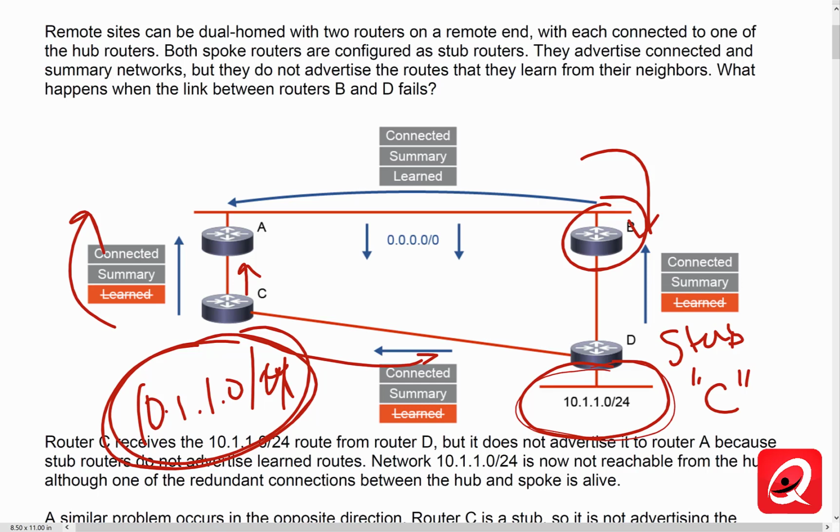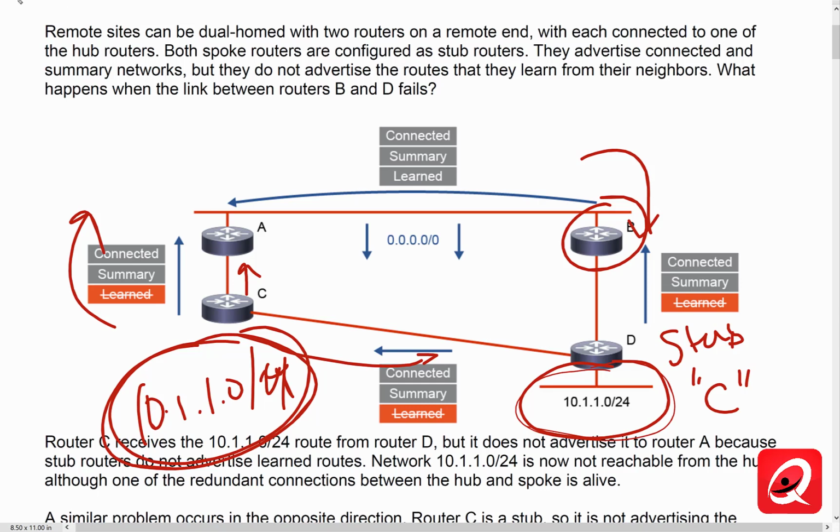Or you could, well, I'm trying to think of a better way of doing that, because we have connected, we have summary, we have redistributed, we have static, which is basically redistributed static routes, and we have receive only. So that would be the only way we would be able to do that without a leak feature that says, we're going to do connected and summary with the exception of the 10.1.1.0 subnet.